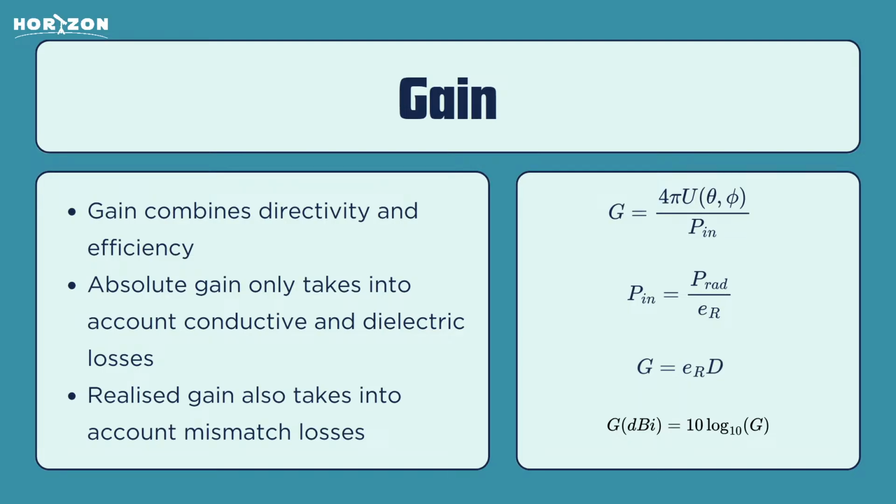The gain describes how well an antenna converts input power into electromagnetic waves in a particular direction. It is defined as the ratio of the intensity in a given direction to the radiation intensity that would be obtained if the power accepted by the antenna were radiated at 100% efficiency by an isotropic antenna.